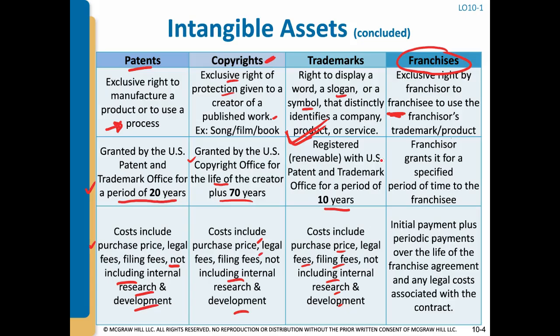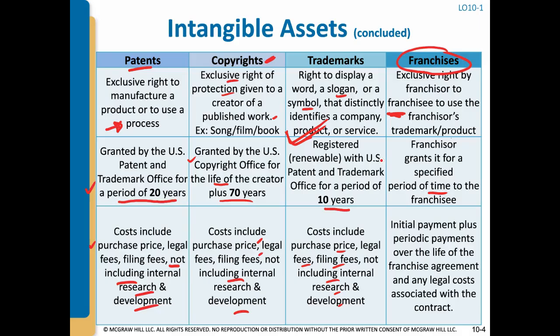And the franchisor grants the franchisee the right to use their name or product for a specific period of time. So if someone who owns a McDonald's has an agreement with McDonald's Corporation that they can operate that McDonald's for 20 years, then those franchise fees are capitalized and then amortized over 20 years. But it can vary depending on the agreement between the franchisor and franchisee.